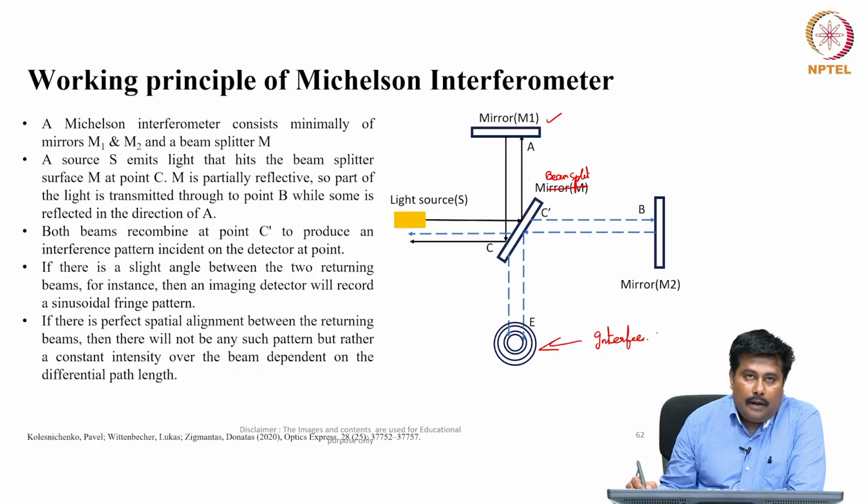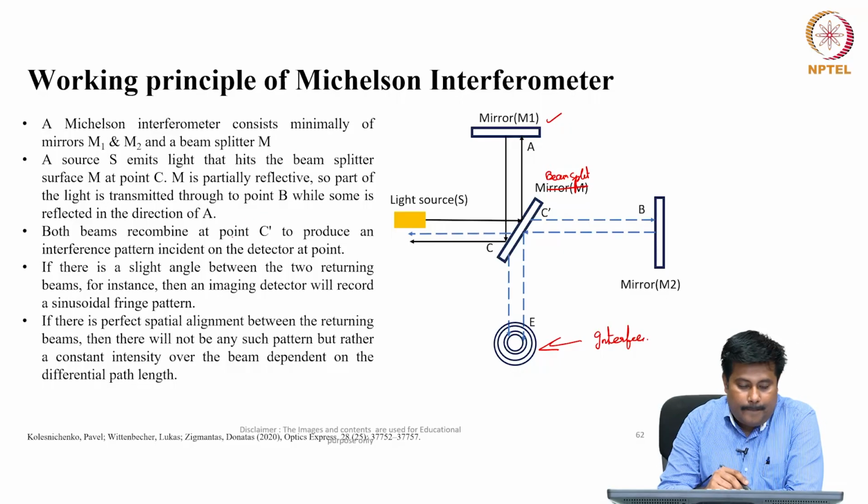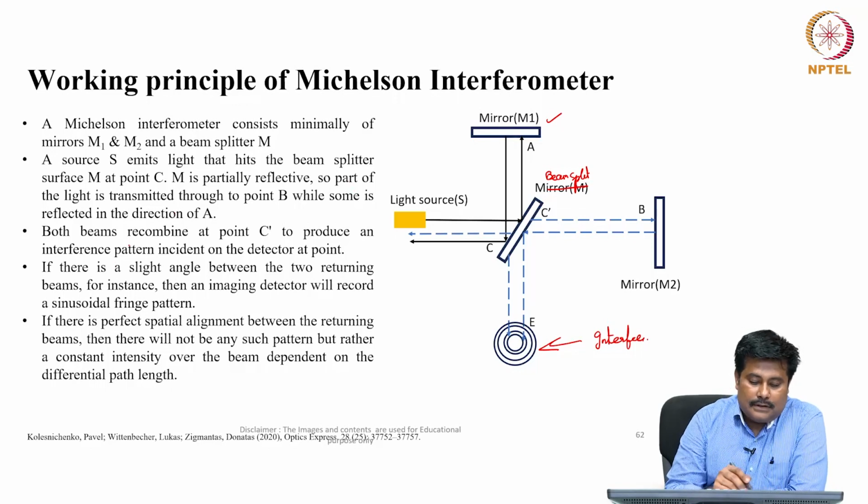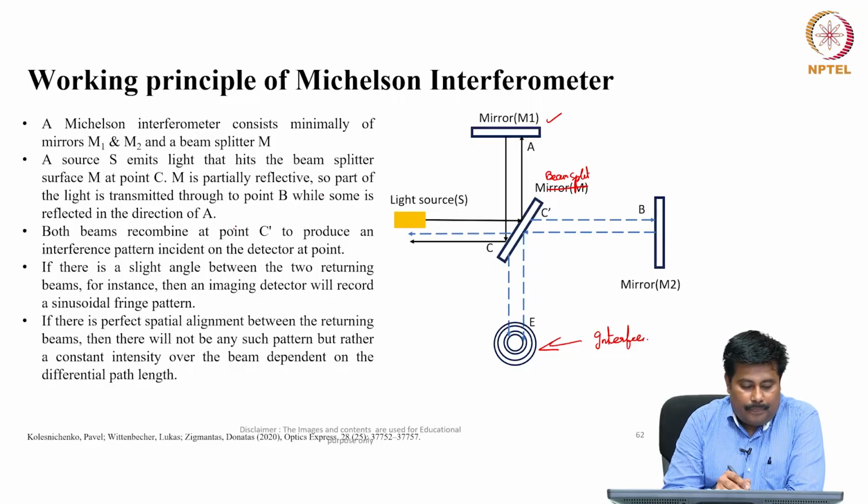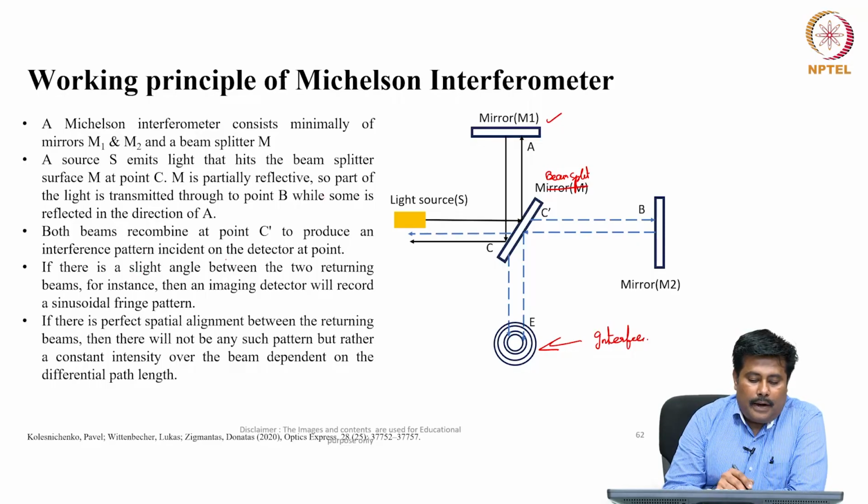Ideally, a Michelson's interferometer consists minimally of mirrors M1 and M2 and a beam splitter M. The source S emits light that hits the beam splitter surface M at point C. M is partially reflective, so a part of the light is transmitted through point B while some is reflected in the direction of A. Both beams recombine at point C to produce an interference pattern incident on the detector.